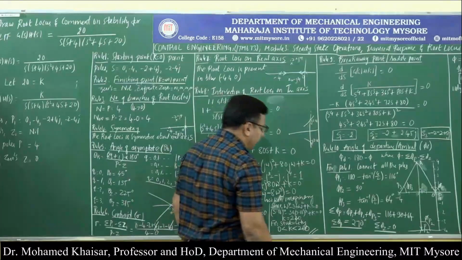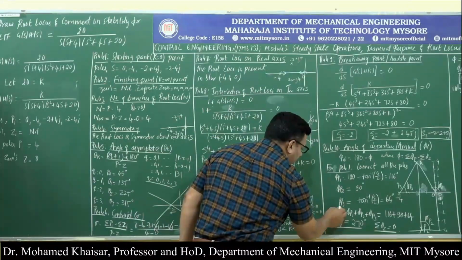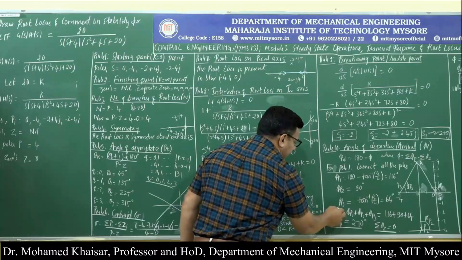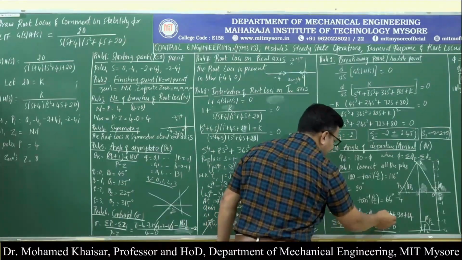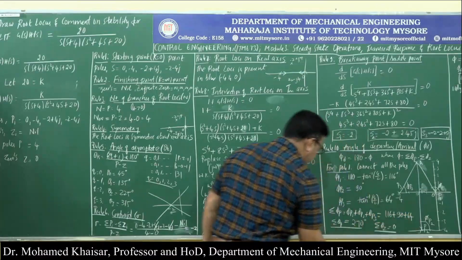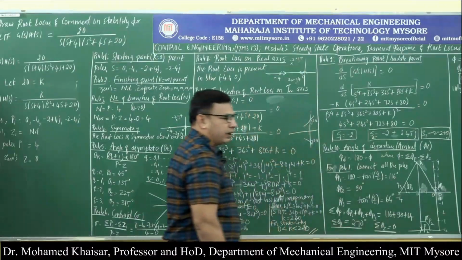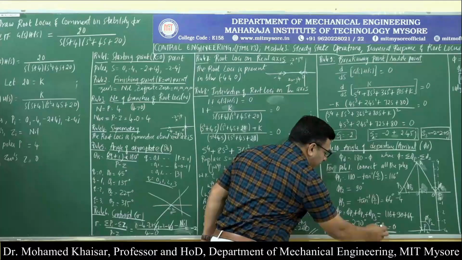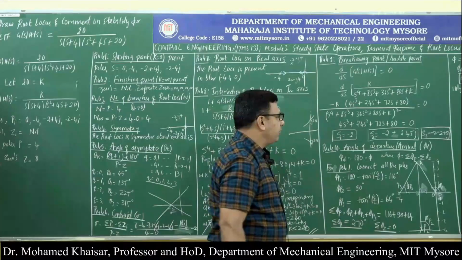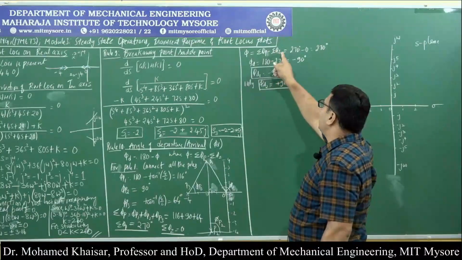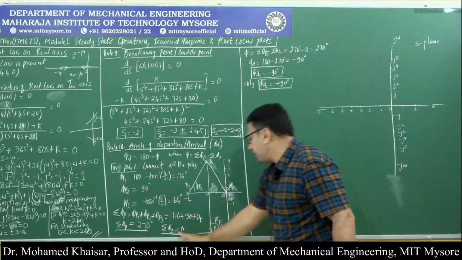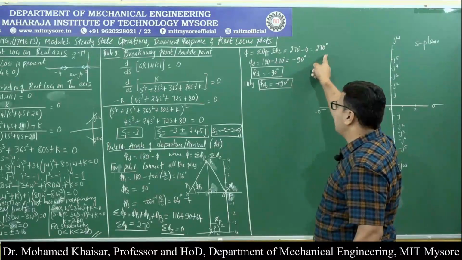So the summation of the phase angles of all the poles is phi p1 plus phi p2 plus phi p3, that is 116 plus 90 plus 64, which gives 270 degree. There are no zeros, so summation of phi z is equal to 0. Sigma phi p minus sigma phi z is 270 minus 0, which is 270.